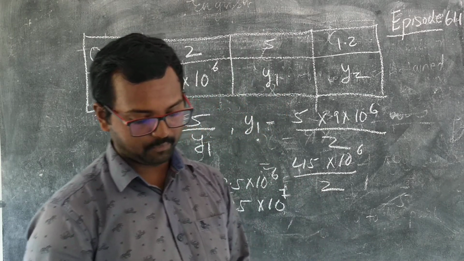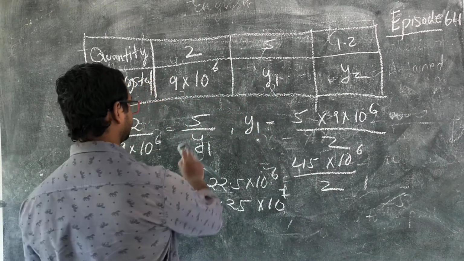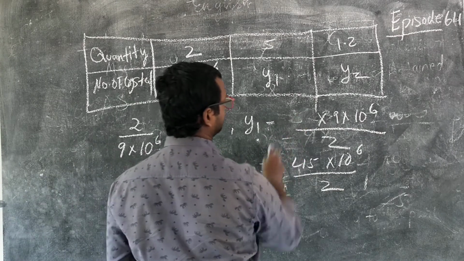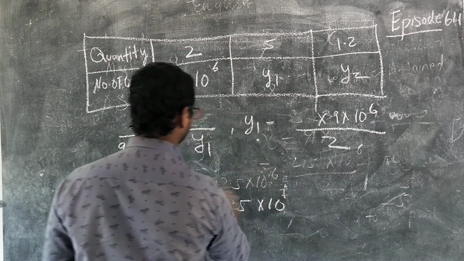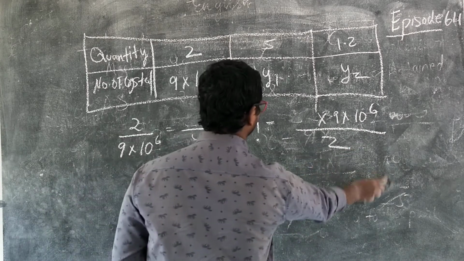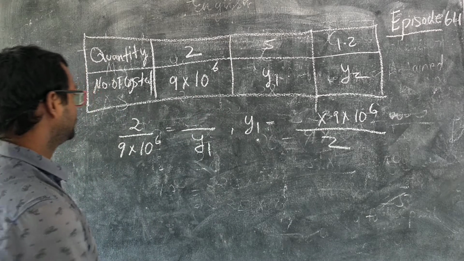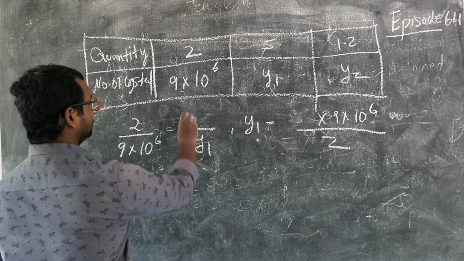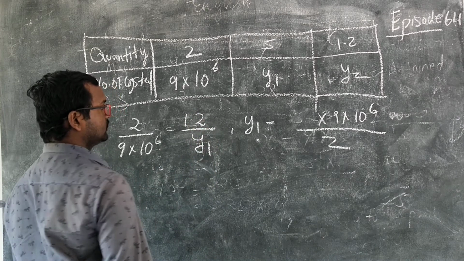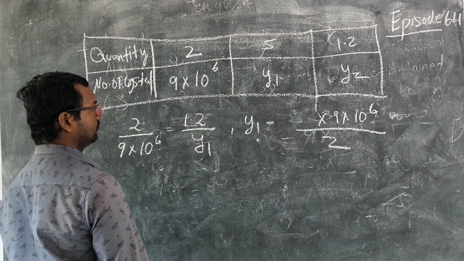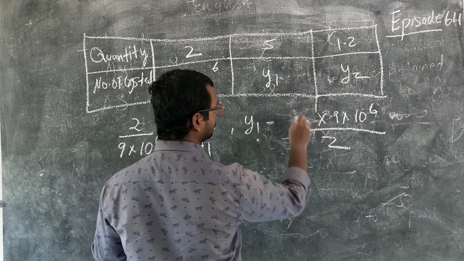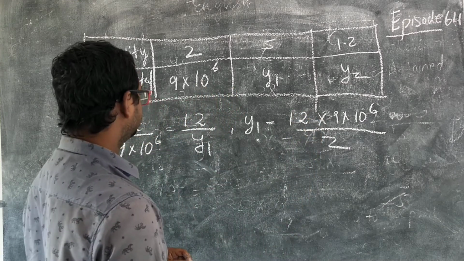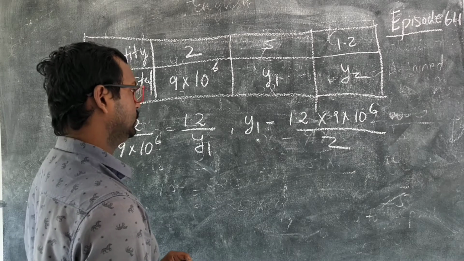Okay. Now in 1.2 kilo of sugar, here we will get 1.2. So y1 is equal to 1.2 into 9 into 10 power 6 divided by 2.